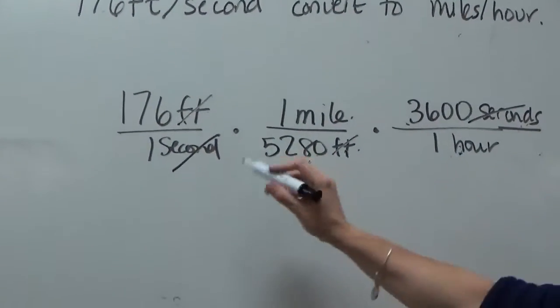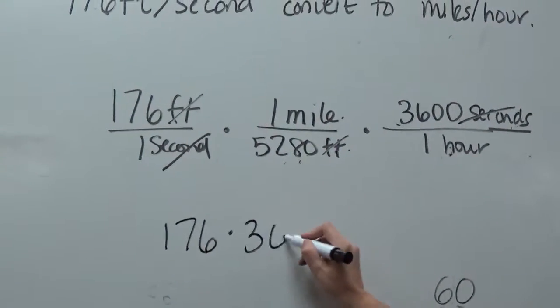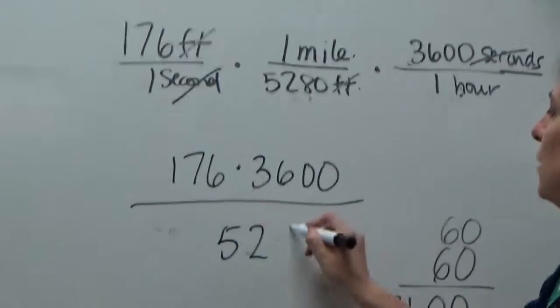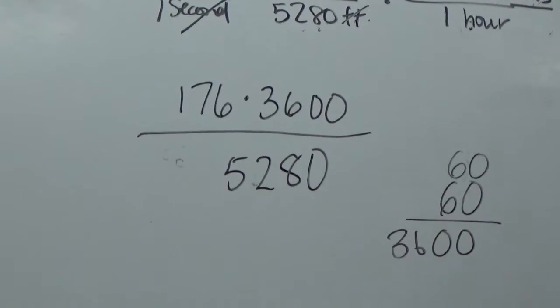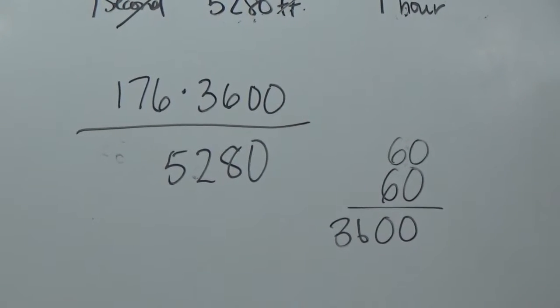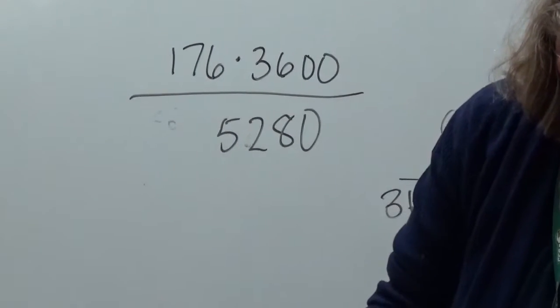So now I can cancel out my feet, I can cancel out my seconds, and I'm left with miles per hour. So I have to multiply 176 times 3600 divided by 5280. That looks fun. You can use a calculator at this point. I'm just going to tell you what it equals, because I don't want to do all that math.